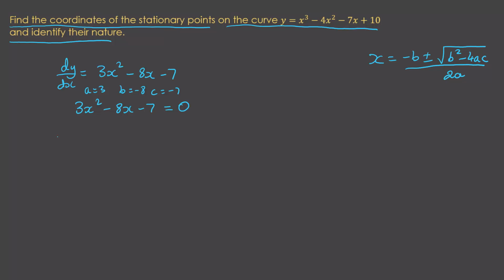So x is going to be 8 plus or minus the square root of 8 squared take away 4 times 3 times negative 7, all over 2 times 3.